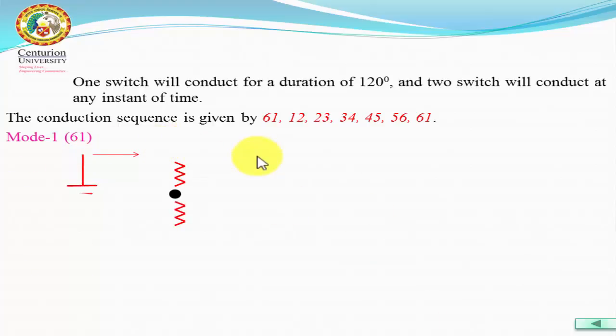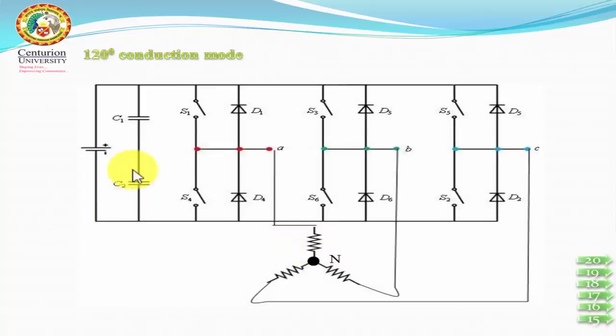So mode 1. When 6 and 1 are conducting, how will the circuit be? Where is 6? This is 6 and this is 1. When 6 is conducting, B is connected to the negative, and when 1 is conducting, A is connected to the positive.